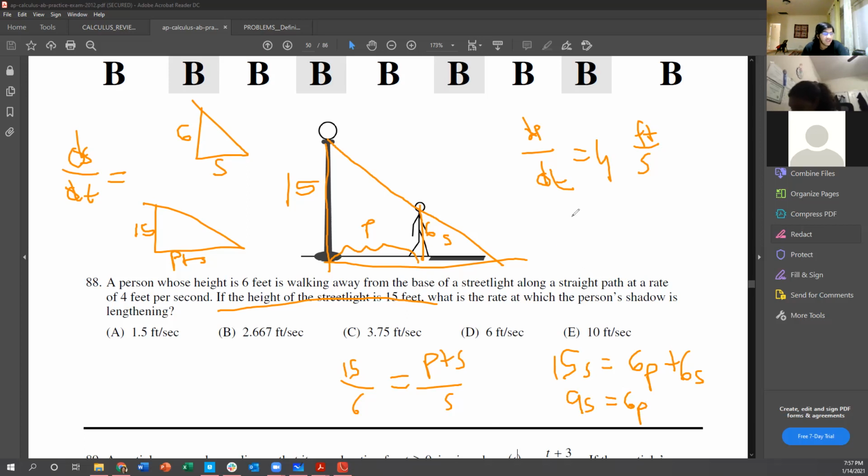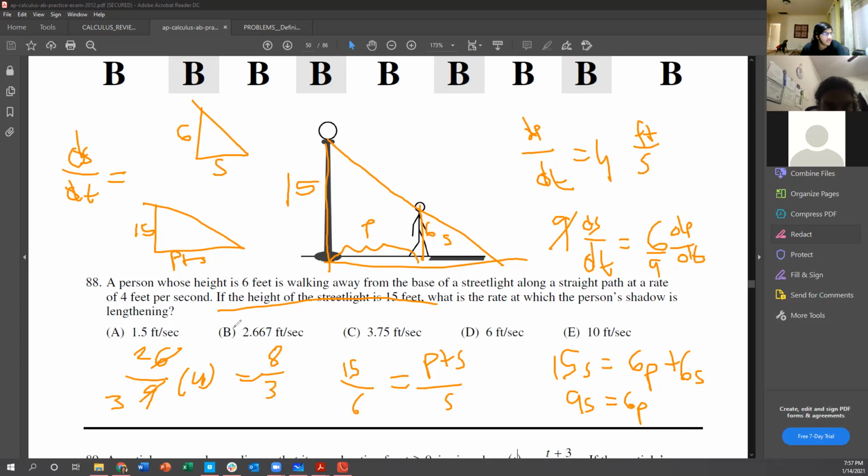If I differentiate both sides, I'm going to get 9 ds/dt equals 6 dp/dt. I'm pretty sure I'm doing this right. So that means ds/dt equals 6 over 9 dp/dt. So this would be 6 over 9 times 4, which is 8 over 3. I think it's B then. Yeah.